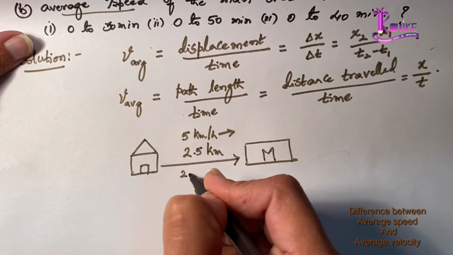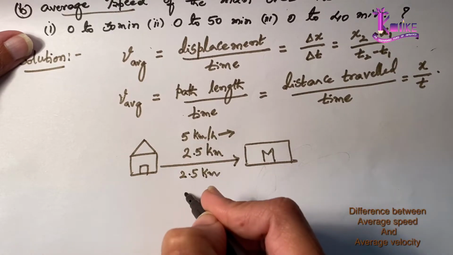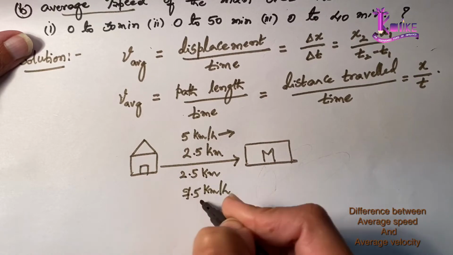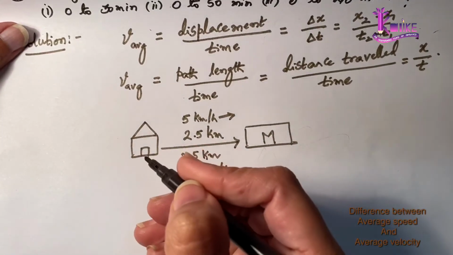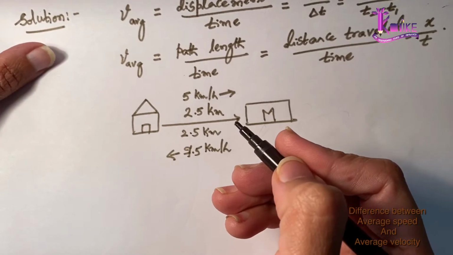Similarly, seeing the market closed, he walks back the same distance but with a different speed, which is 7.5 kilometers per hour, right? Now you have to calculate the average speed and the average velocity over different intervals of time given.